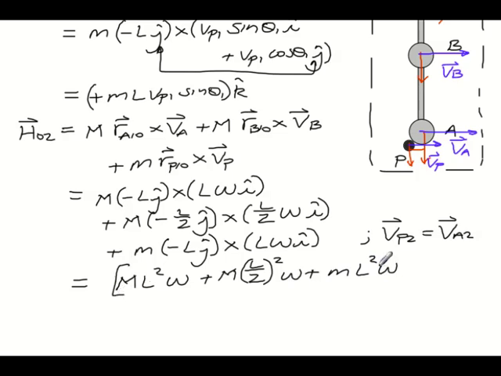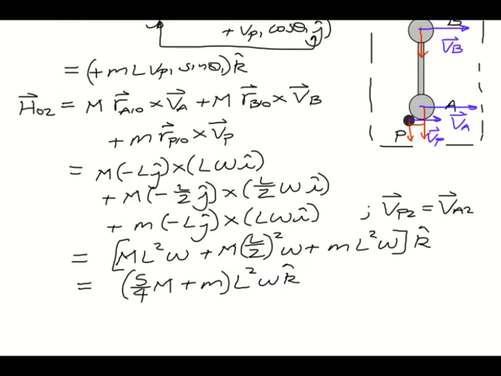This is all in the k. So this in the end is going to be (5/4 big M plus lowercase m) times L squared omega k.